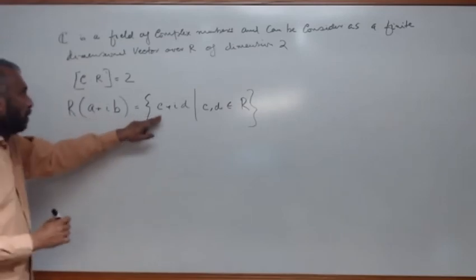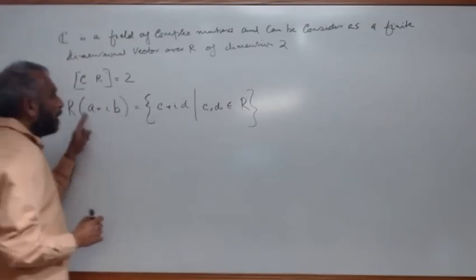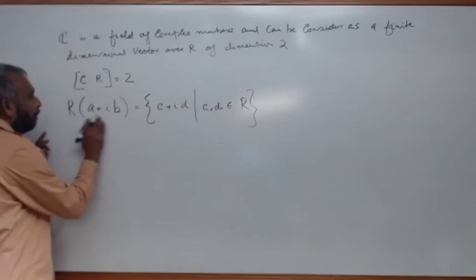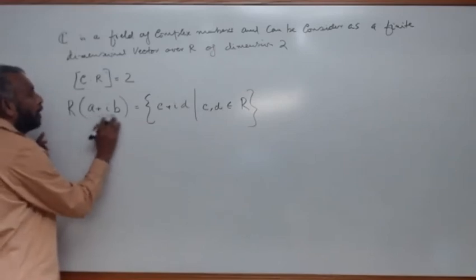Why is this so? Because how do you find the irreducible polynomial of this?